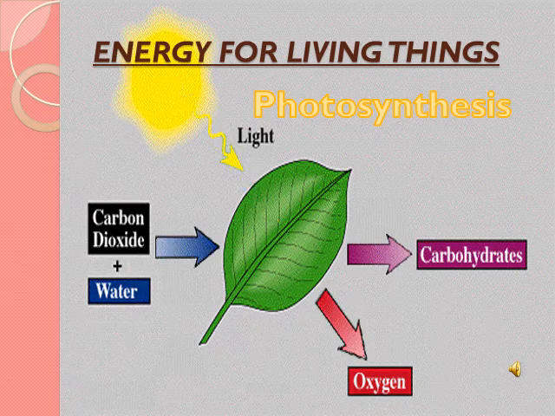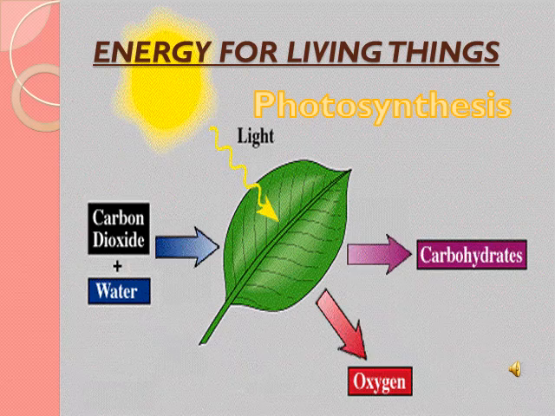So sugar and oxygen are the main products of photosynthesis. This photosynthesis is used to make food for both animals and plants. Plants also use some of this energy in their processes.